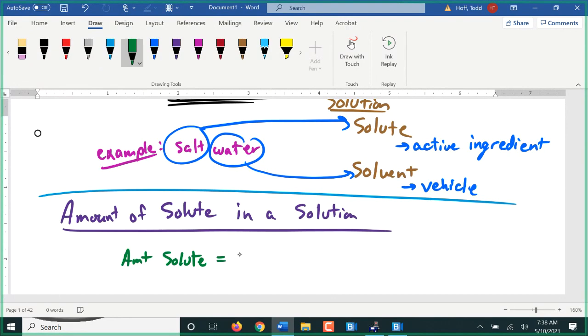The amount of solute equals the concentration times the total amount.